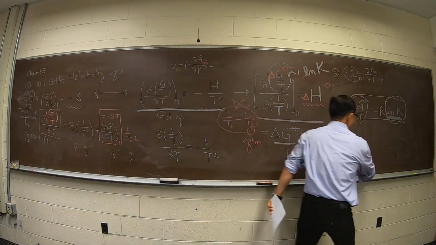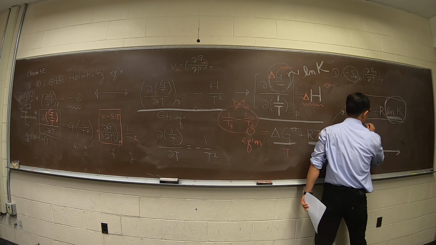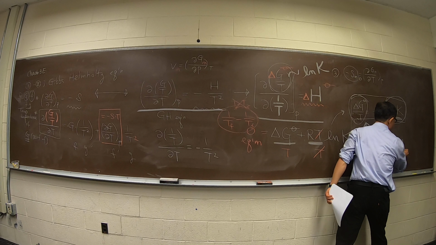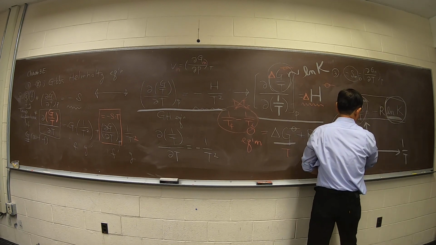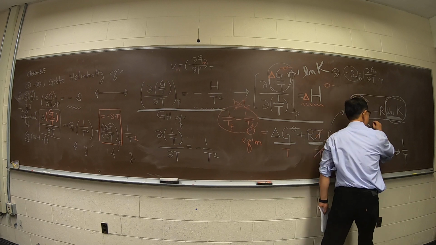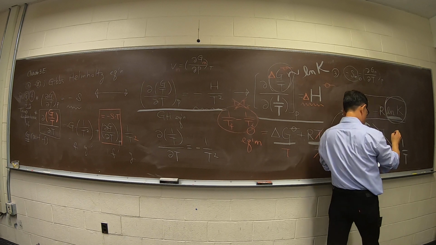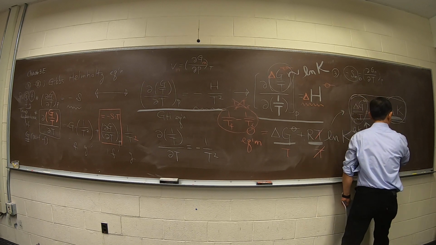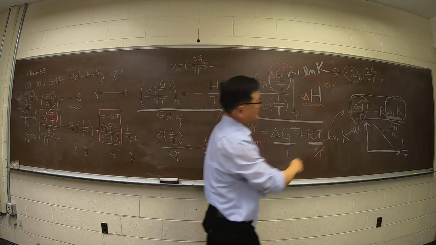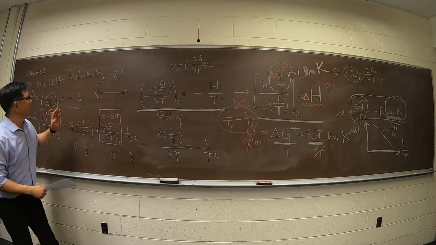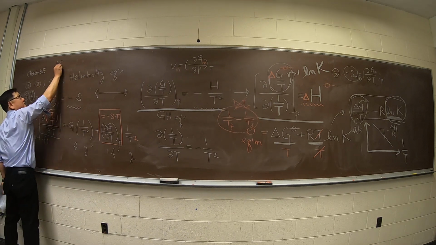In the high school chemistry textbook, you probably remember 1 over temperature on the x-axis, ln K on the y-axis, and you got this equation, and that slope is minus delta H over R.